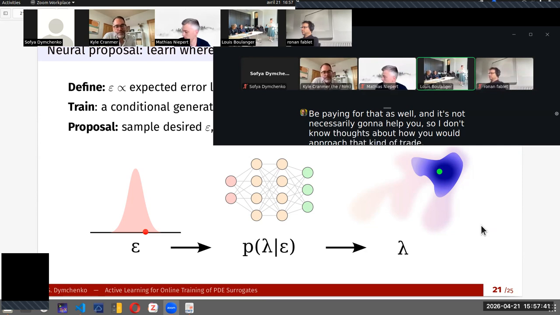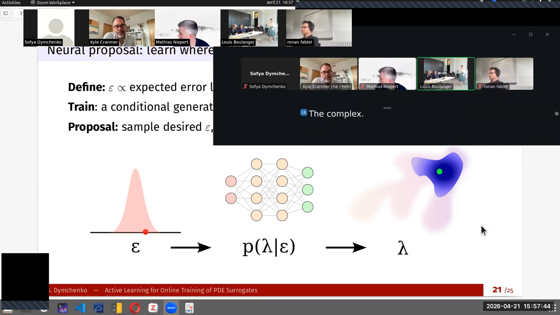If it is complexity over the parameter space, and if we want to go for geometry, for sure it will be large.